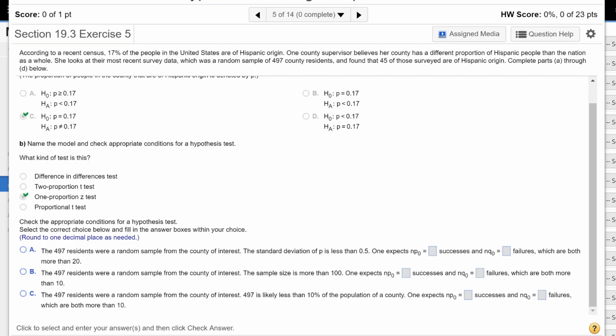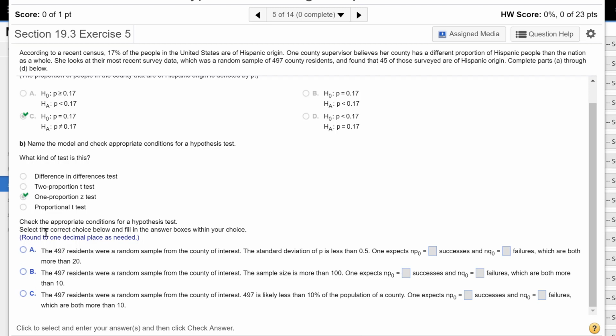And then we have to check that we had at least 10 expected successes and at least 10 expected failures. And this is an actual calculation that we can do, and they've given us here that the 497 residents were a random sample from the county of interest, and one expects N times P naught and N times Q naught, which are both more than 10, is what we're looking for, right?